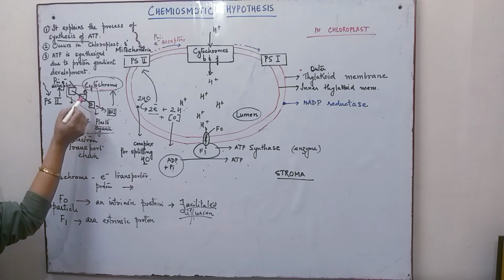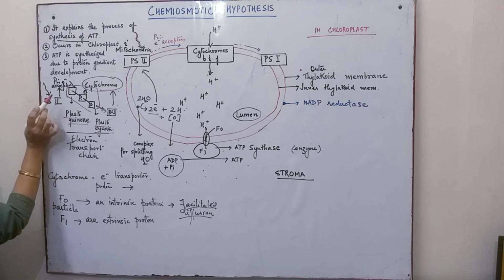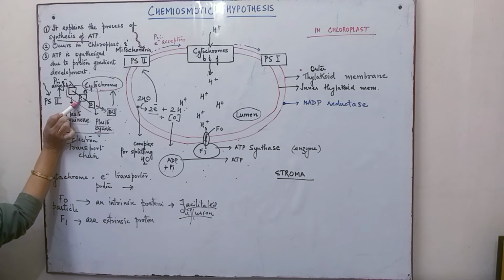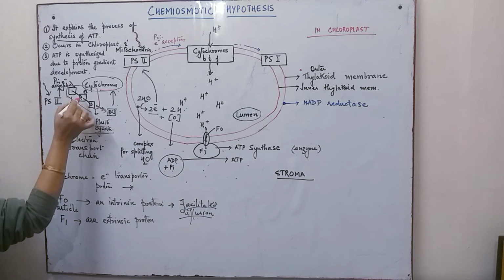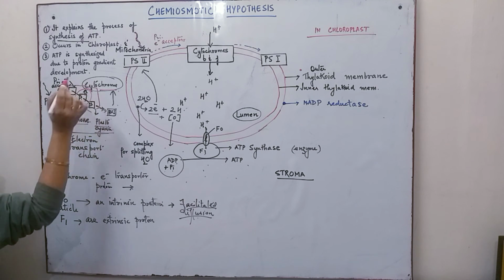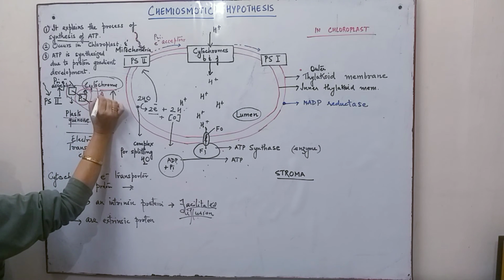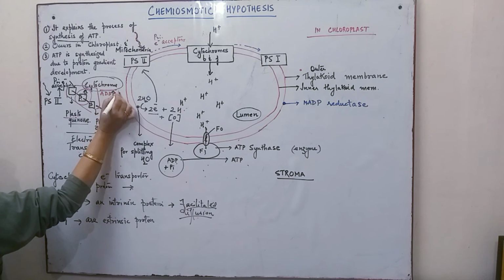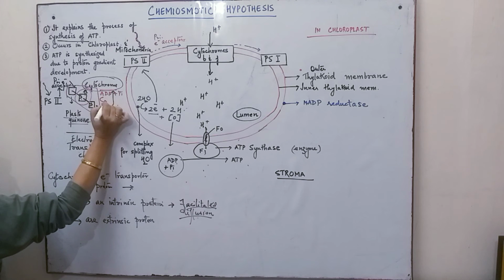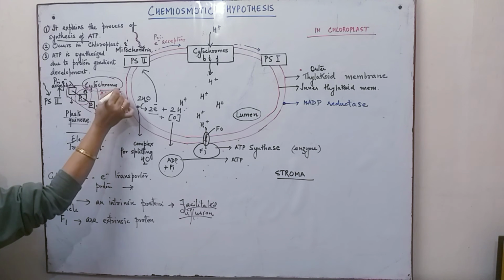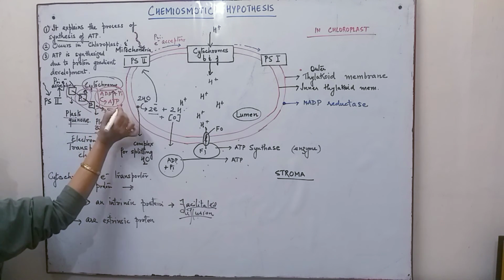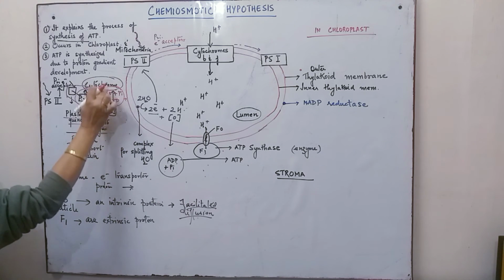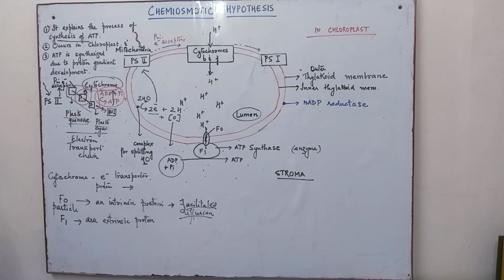Now, again concentrating on this part, when the electrons are passing from plastoquinone to cytochrome to plastocyanin, at the cytochrome level, over here we have written in our non-cyclic photophosphorylation, ADP plus Pi giving ATP. This reaction we are trying to understand through the chemiosmotic hypothesis.